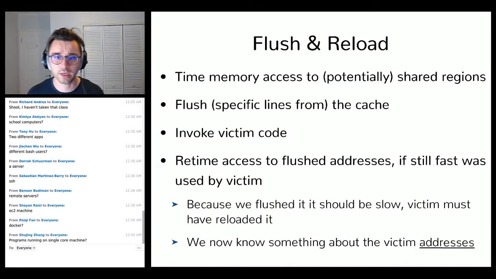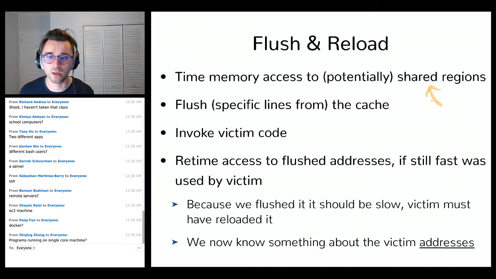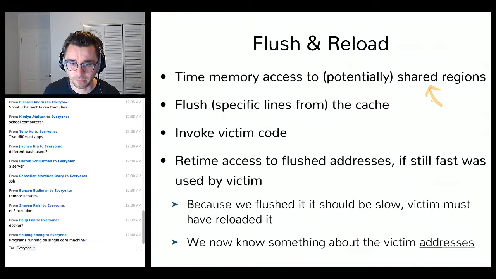So the idea here is we're going to time the memory accesses to these shared regions. After that, we're going to flush specific lines from the cache, let the victim run, and retime against the baseline. If it's still fast, we know that it was used by the victim, because they also depended on that shared memory.